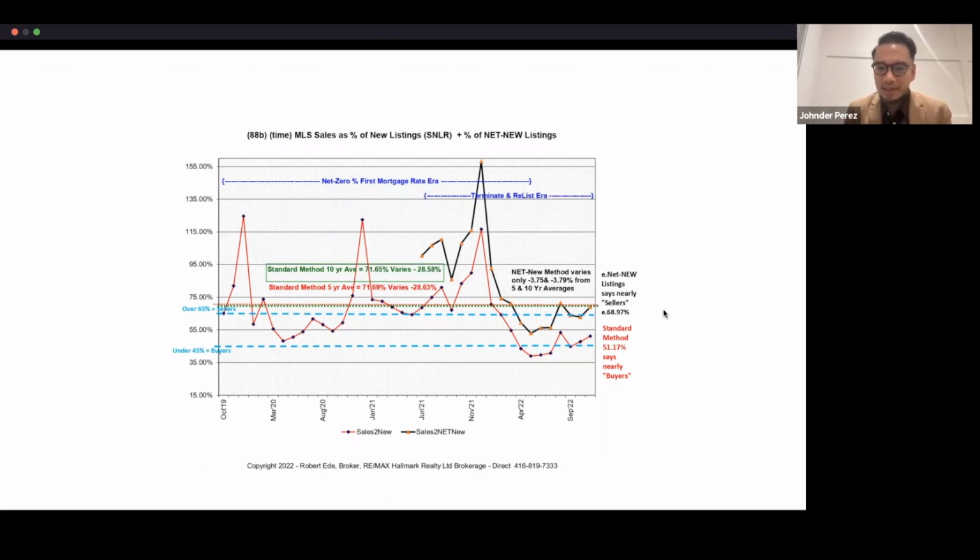And 68.97%, near 70%, is a pretty significant difference compared to the more diluted number of 51%, considering the termination relists are diluting the actual numbers that we should be looking at.